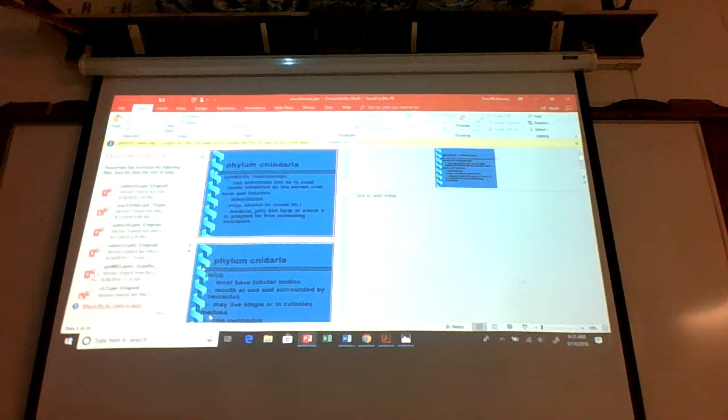So I would be led to believe that it's going to be a water current that pushes it inside of there. And then really don't have a true type of digestion system yet. So that means, what type of term does that refer to as far as digestion inside the animal? Yeah, it's going to be intracellular.